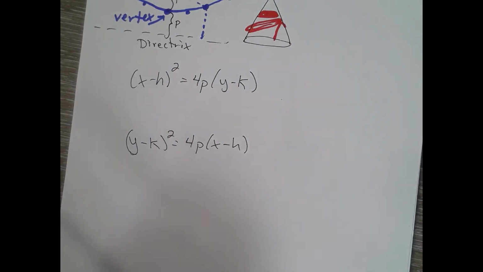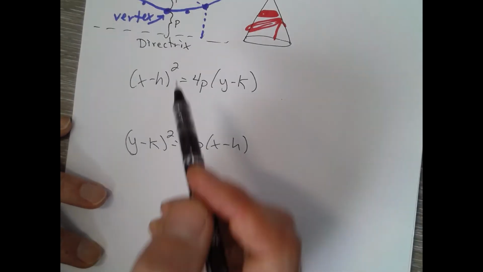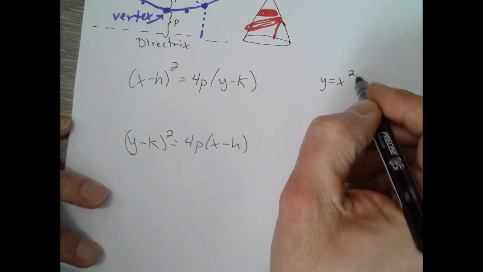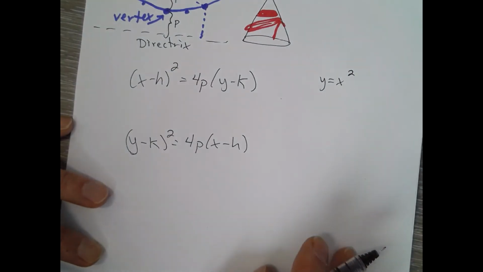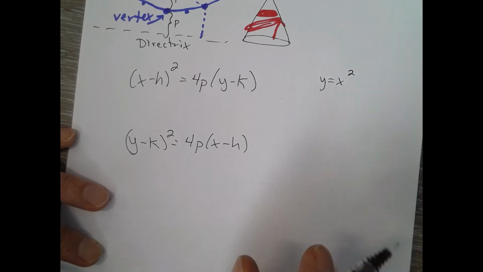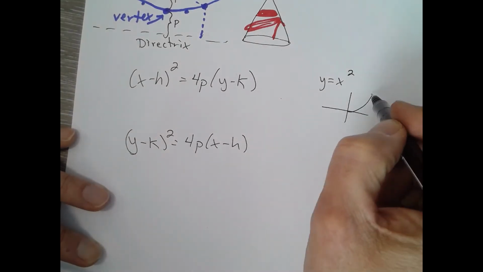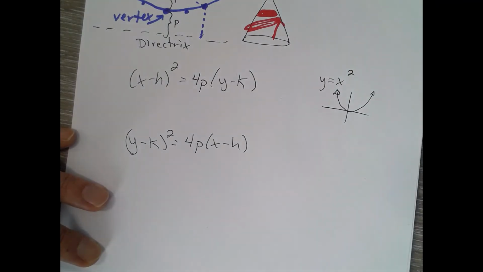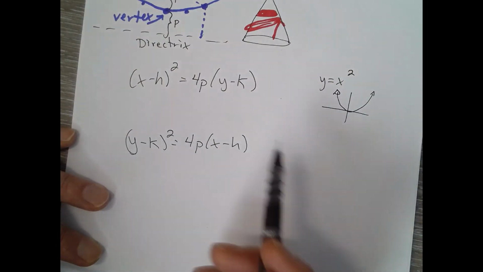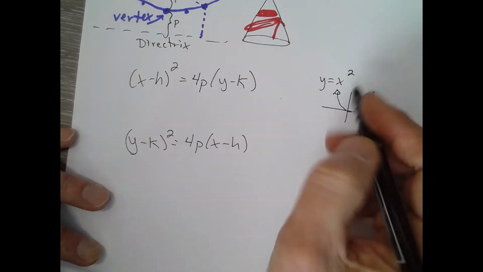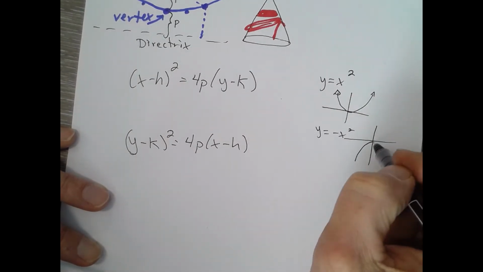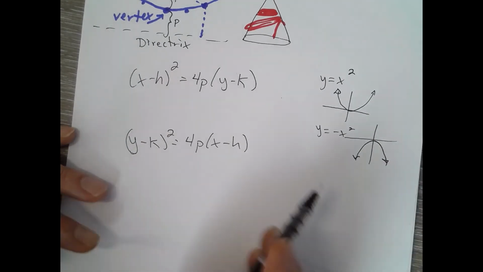So if I had x being squared, like y equals x squared, do you remember, does that open up or down? It opens up. It's the parent equation. It's literally just a parabola. It looks like that with a vertex at 0, 0. So if I have y equals x squared it opens up, if I have y equals negative x squared, it opens down. It's the same point, it just opens down. So the same is kind of true right here.